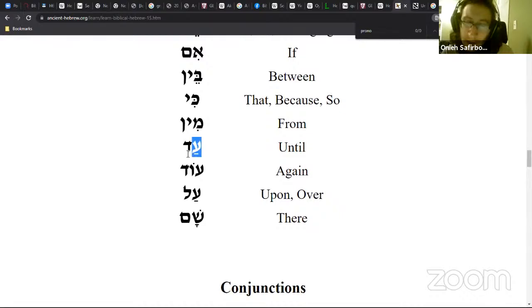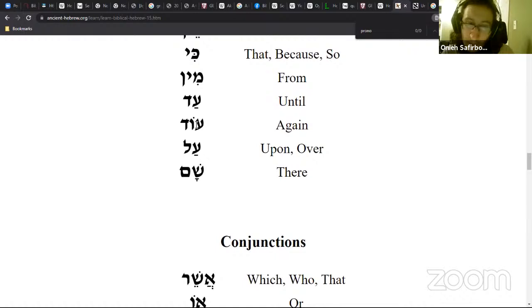Yod Dalet means until or till. This word, I guess, means again with a Y in the middle. Ayin Lamed means upon or over something.